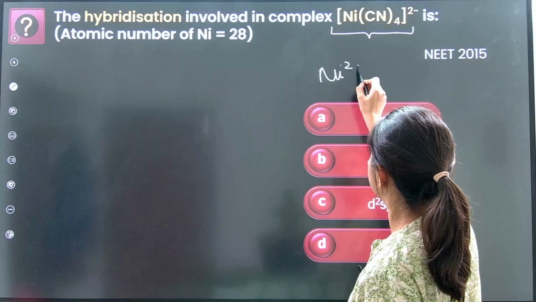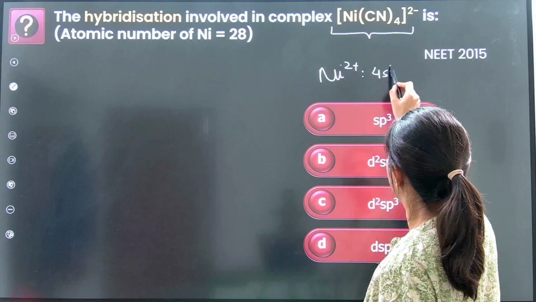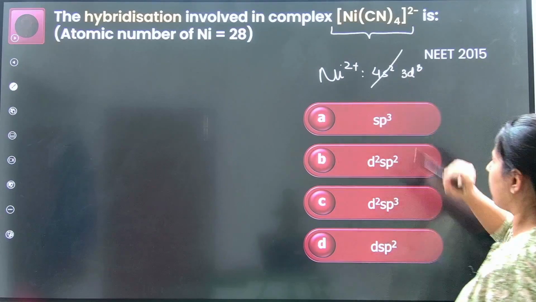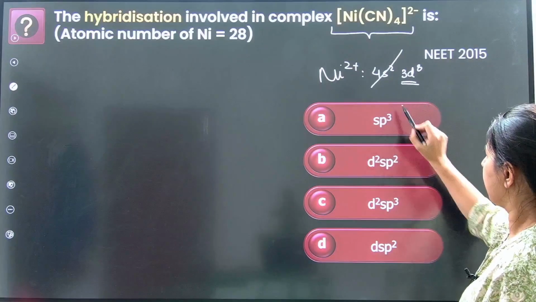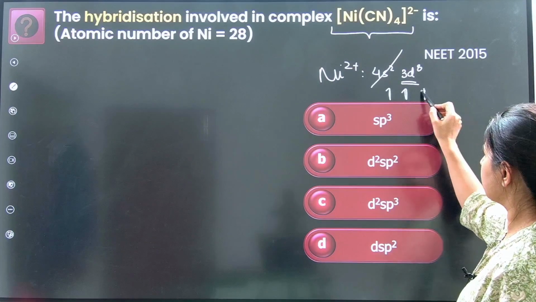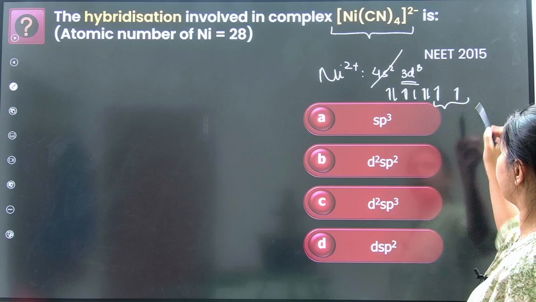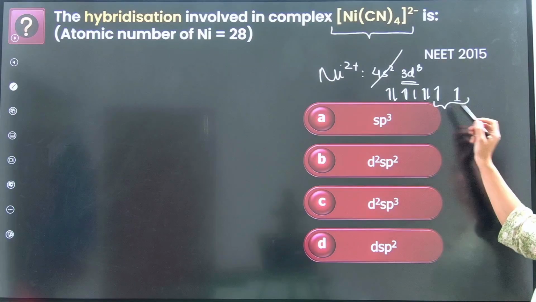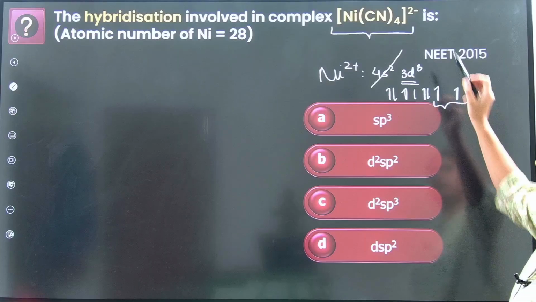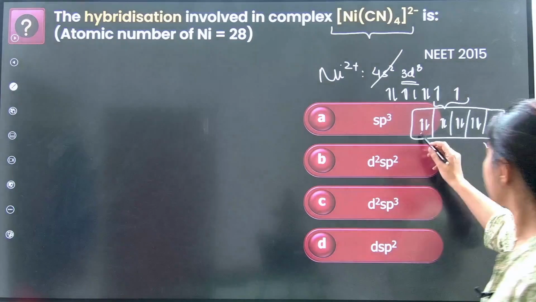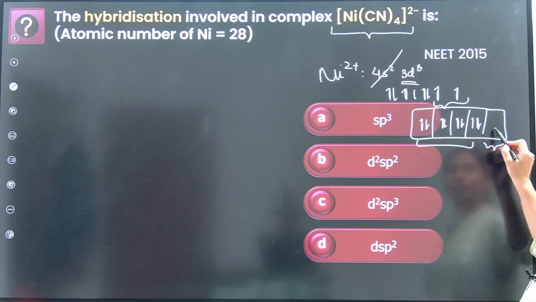Nickel 2+, 4s2 3d8 becomes 3d8 after losing 4s2, that means 8 electrons: 1, 2, 3, 4, 5, 6, 7, 8. Two unpaired electrons should have been there, but pairing happens, because of which out of 5 d orbitals, 4 are occupied and 1 is empty.